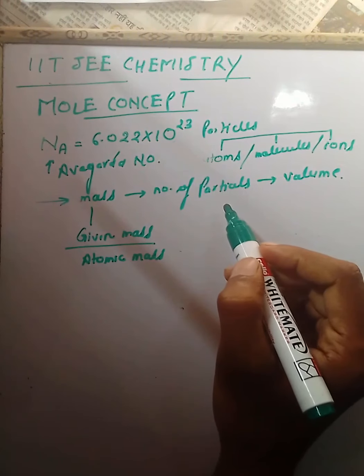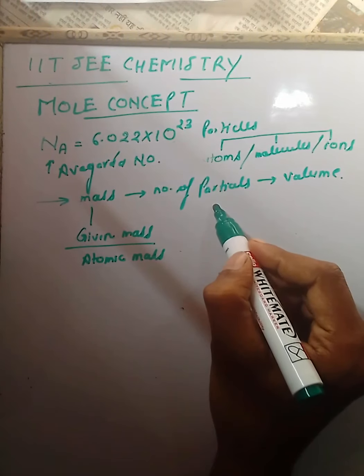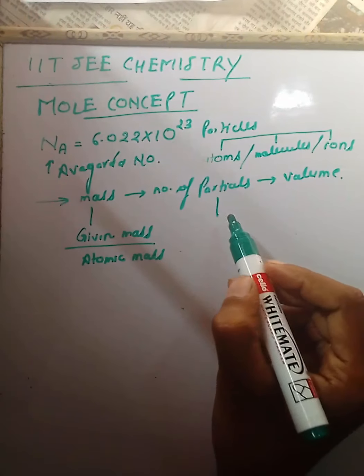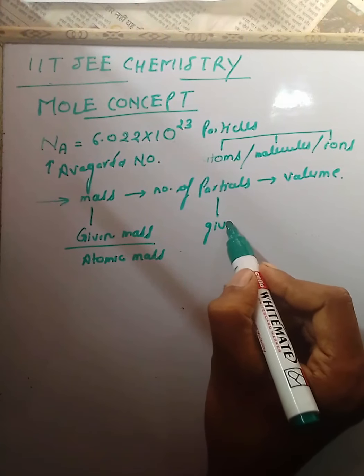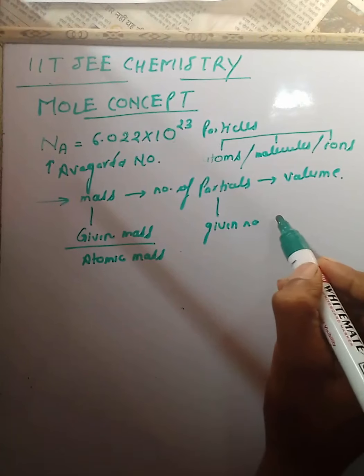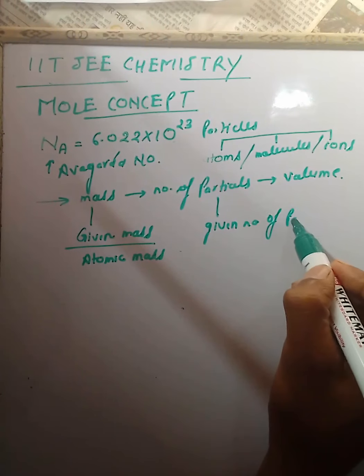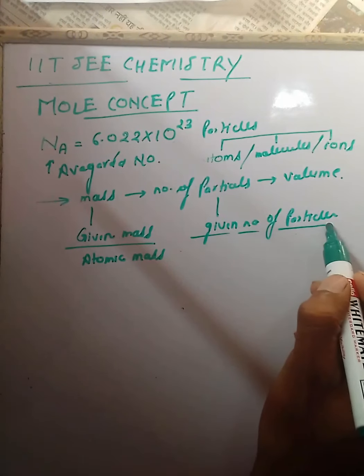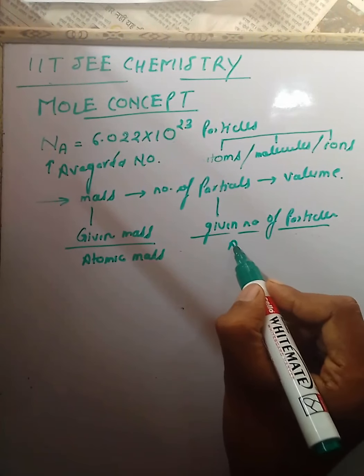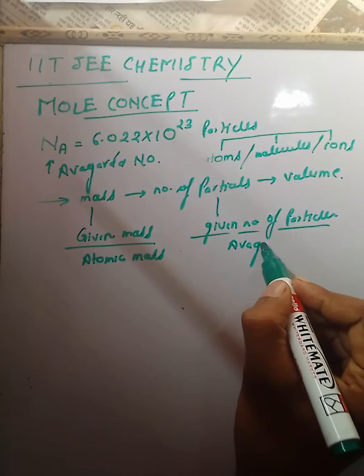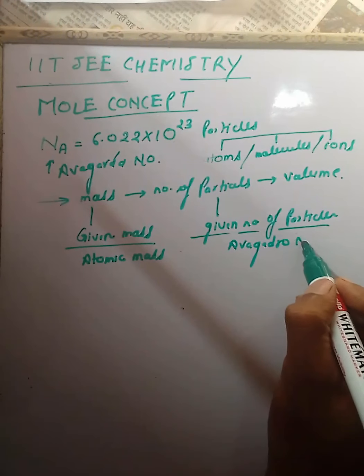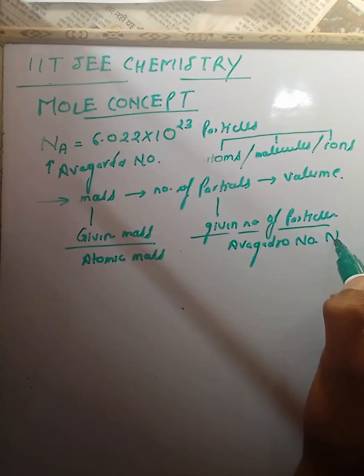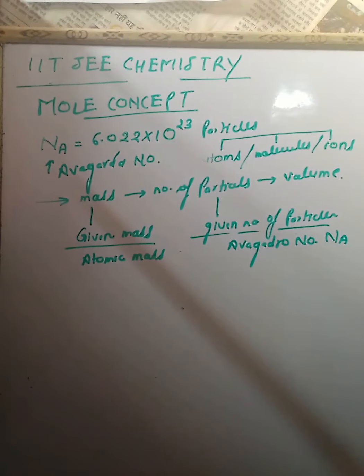And if you want to calculate the number of moles from the number of particles, then it is the given number of particles upon Avogadro number, or NA.